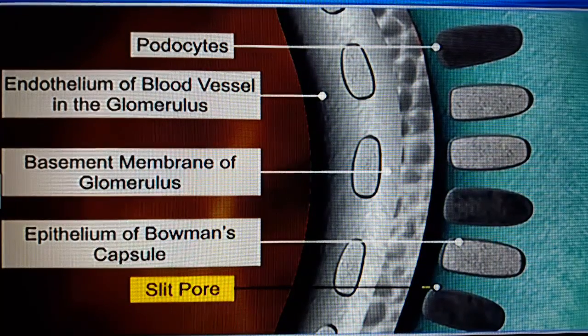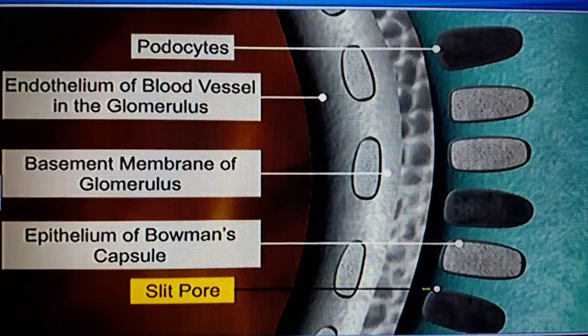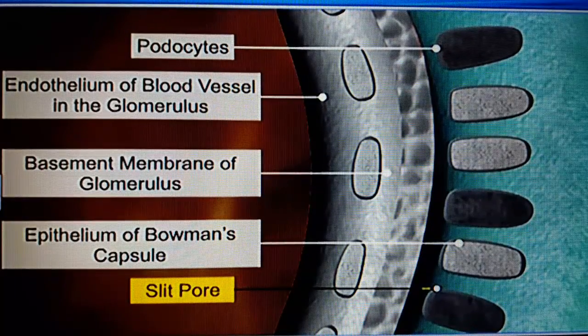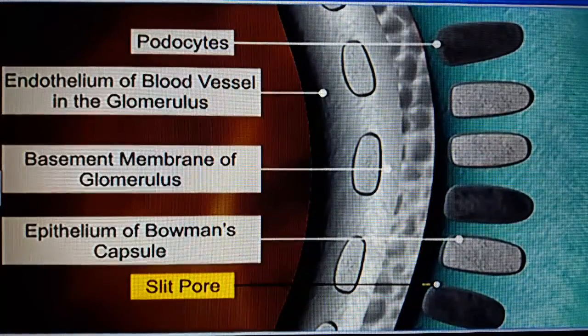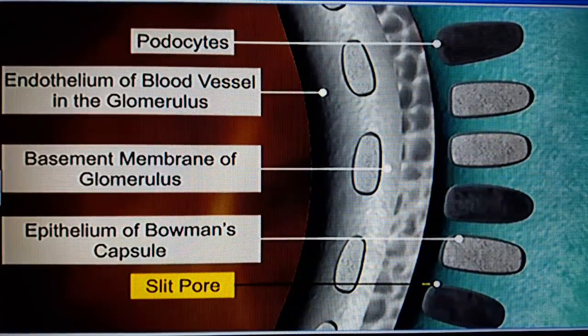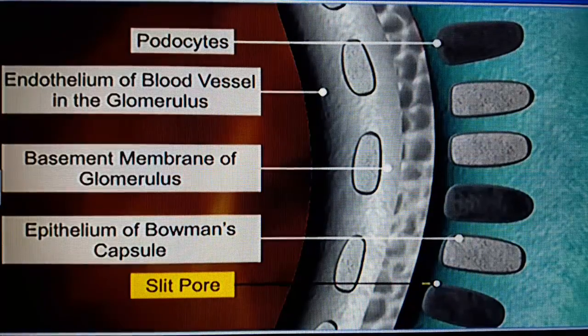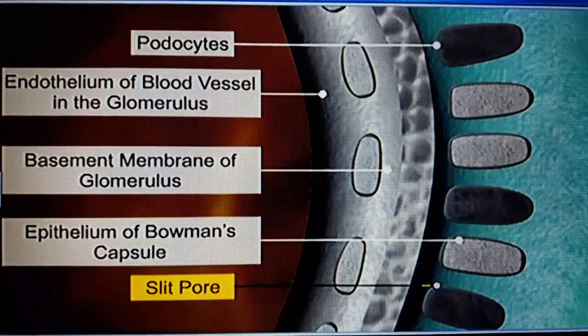So friends, Bowman's capsule is lined with unique cells called podocytes. These cells do not fit tightly together but form a network of slits that fit over the capillaries.